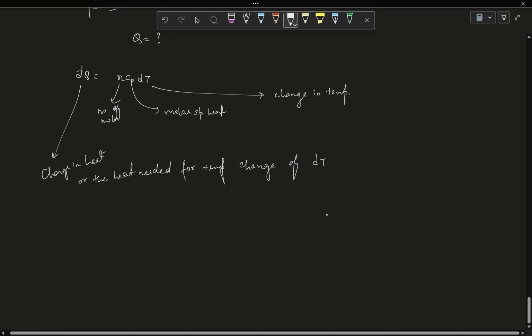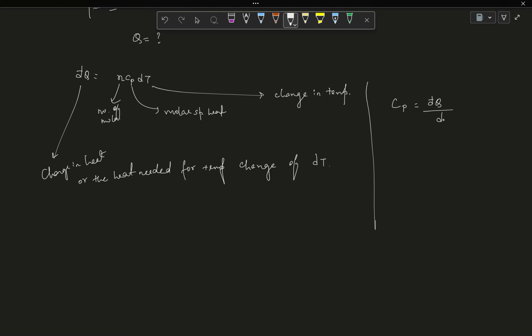Now why is this formula valid? Because you know the specific heat is nothing but the ratio of dq by dT. So if this is molar specific heat, then this is per mole, or otherwise just forget about the quantity for now and think of it as the ratio of heat per temperature. Or in simple words, specific heat is the measure of how much heat you would require for a certain unit temperature change.